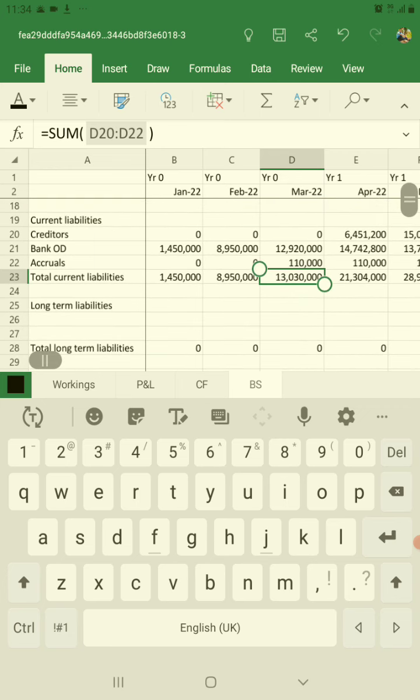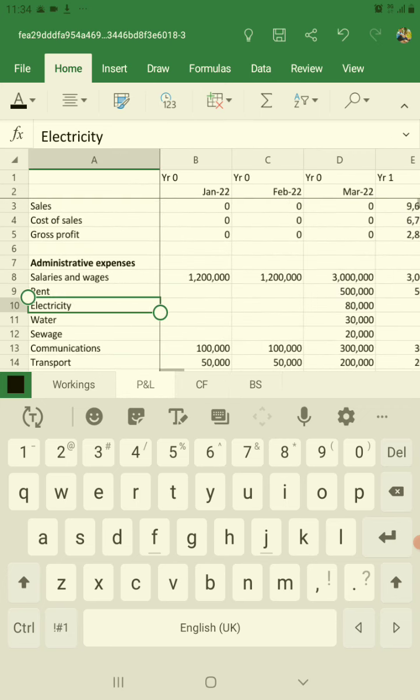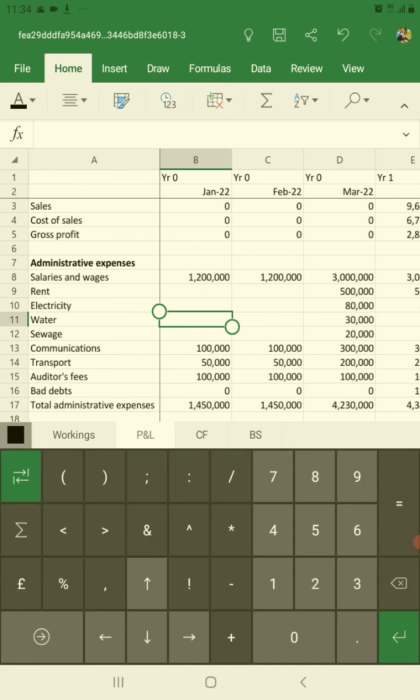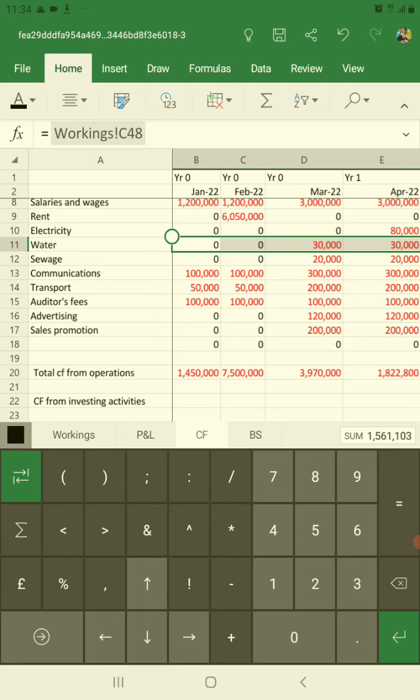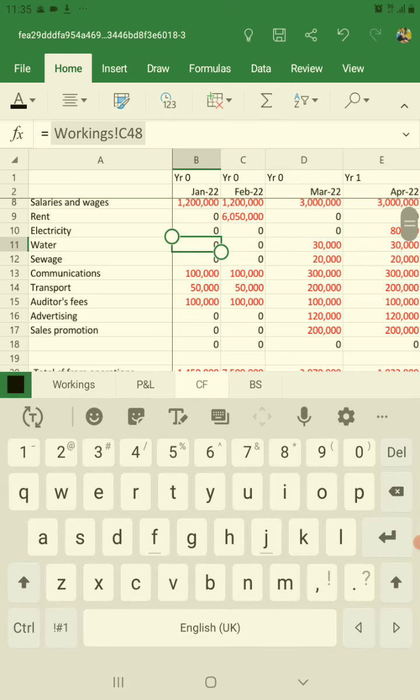Okay, now in the profit and loss, water, let me go to January. In the cash flow, water, what formula do I have here for water? Workings C48. Here was workings B42. Electricity, workings B42.